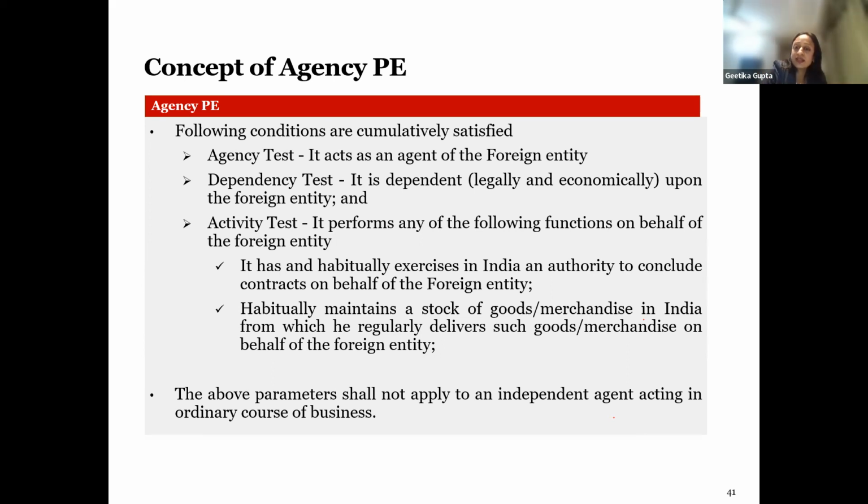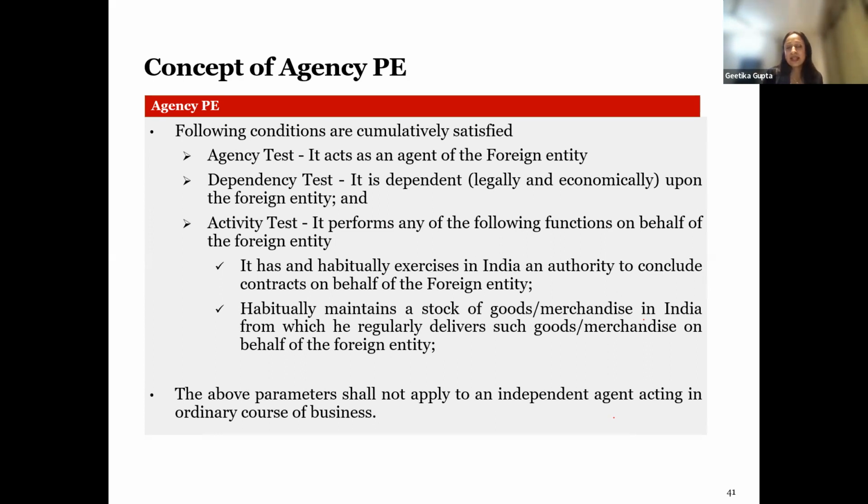Now, I will also discuss in the dependency test how you say that, let's say, my Indian subsidiary is dependent on me, or the Indian agent is dependent on the non-resident. The dependency is tested in terms of legal and economic independence. Legal independence refers to the fact that there is a substantial degree of control exercised by the foreign company over the agent.